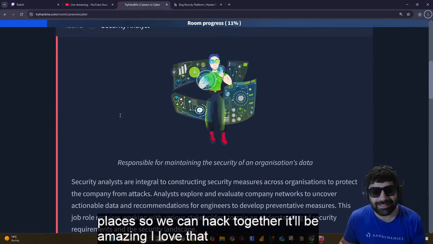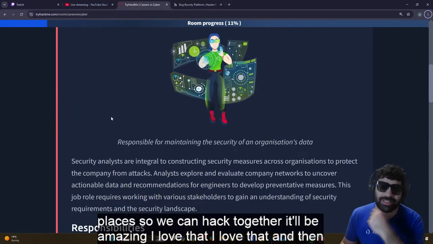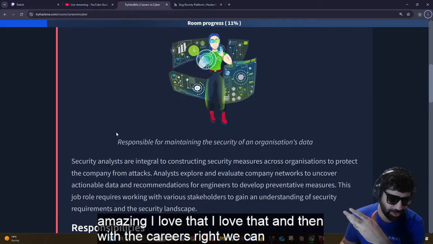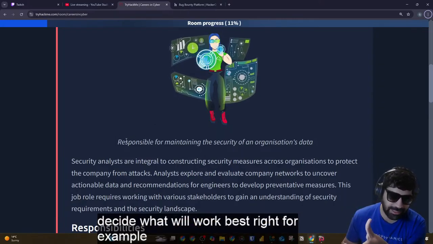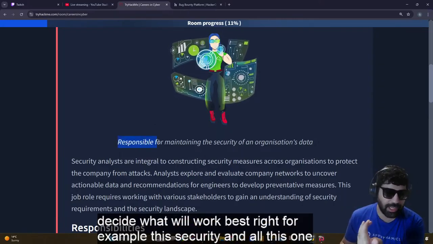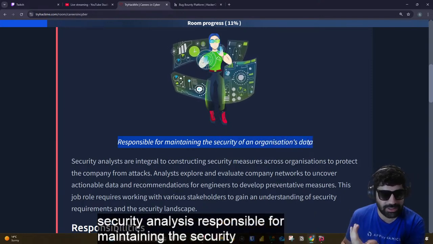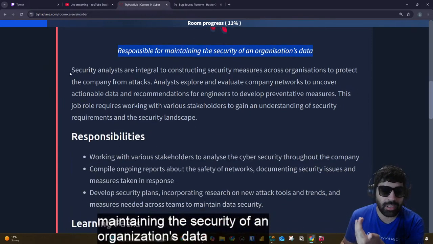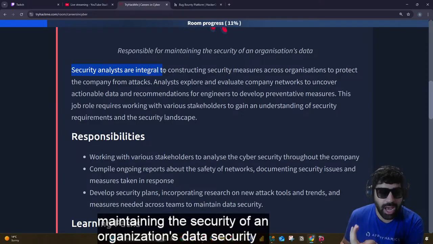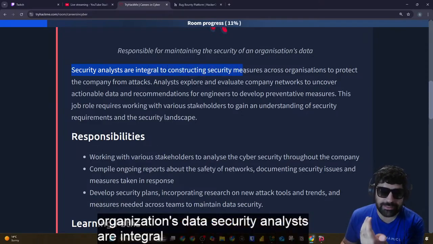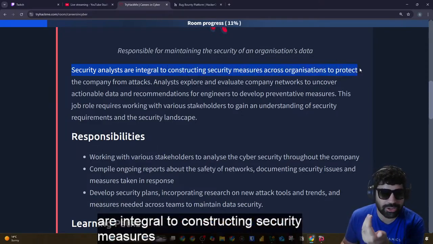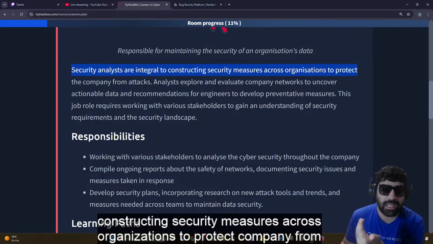I love that. And then with the careers, we can decide what will work best, right? For example, this security analyst one. A security analyst is responsible for maintaining the security of an organization's data. Security analysts are integral to constructing security measures across organizations to protect the company from attacks.